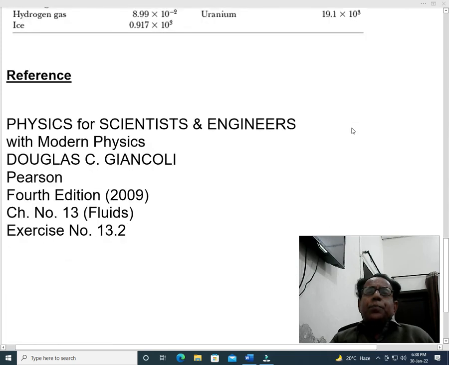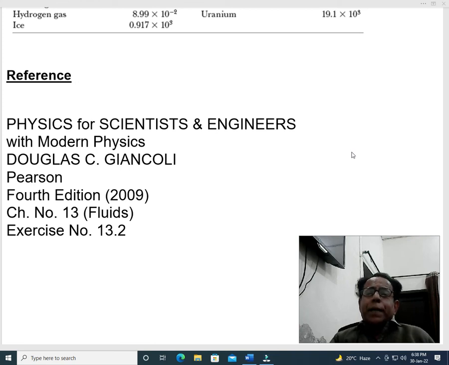Now we are giving a reference book from where we have chosen this problem. Our reference book is Physics for Scientists and Engineers with Modern Physics. Its author is Douglas C. Giancoli. Its publisher is Pearson, and its fourth edition 2009 has been followed.